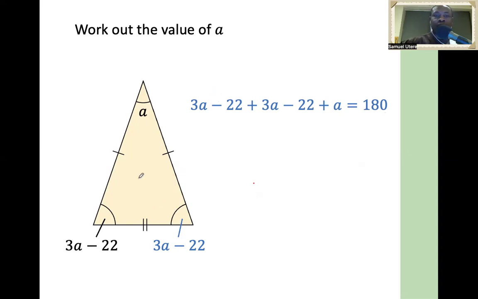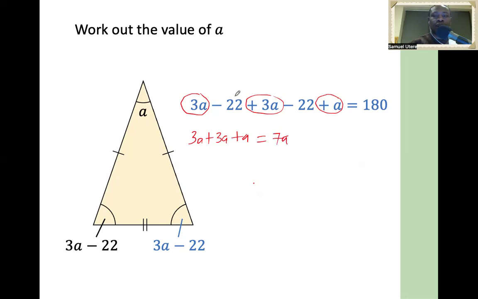Now remember what we did in collecting like terms. It's very important you do it whenever you have expressions all mixed up like this. So we have that one, we have that one, and we have that one. If we were to rewrite this, we have 3A, add 3A, add A. That's 7A.